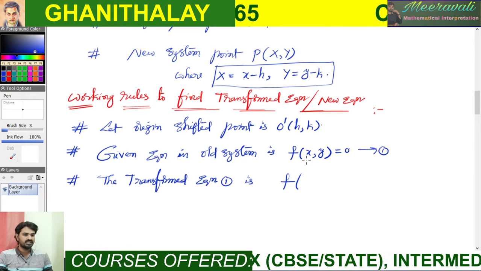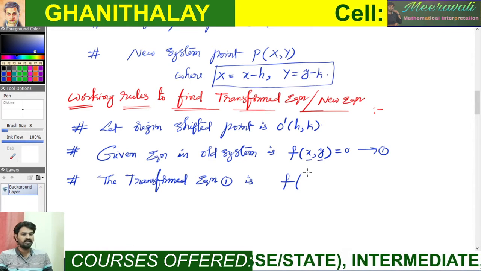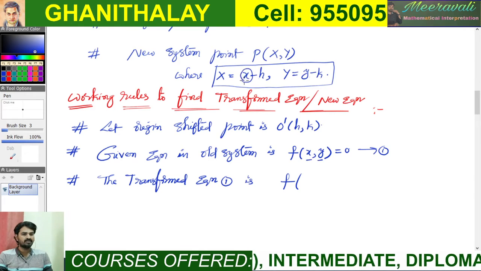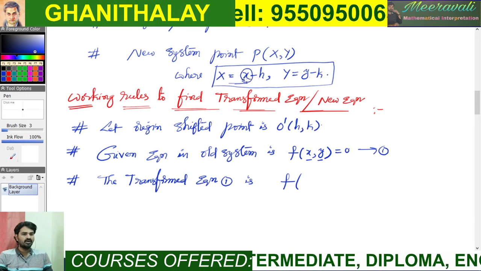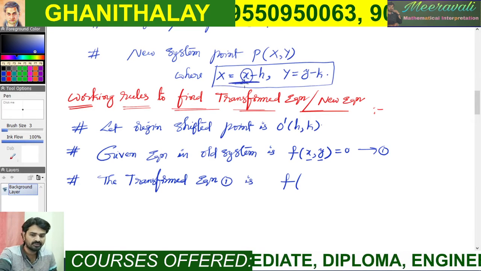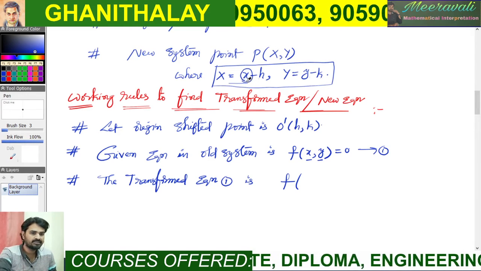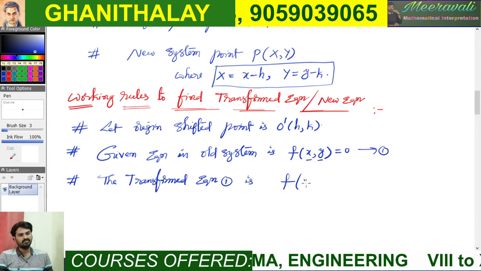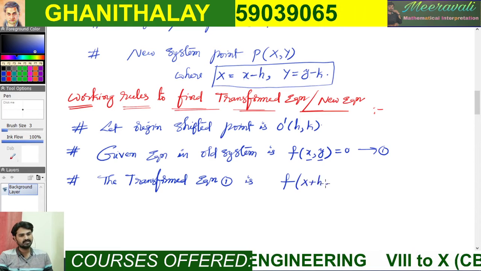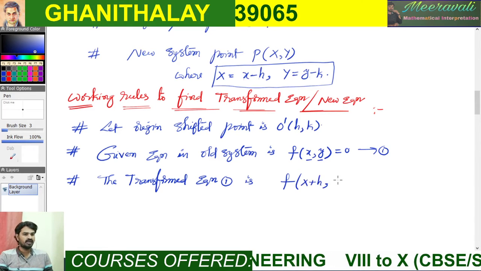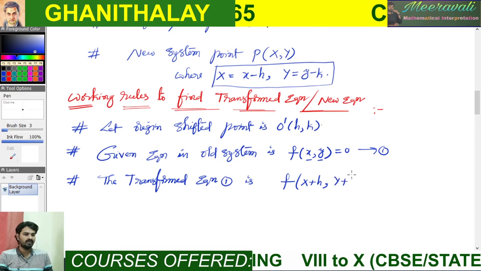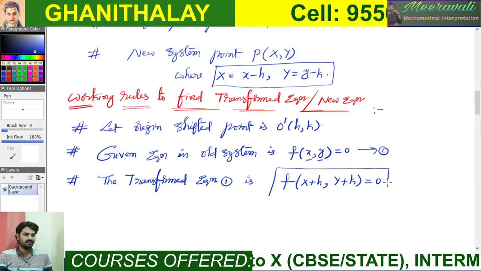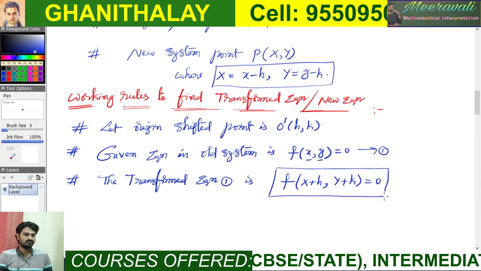If you want to change small x and small y in terms of capital X and capital Y, now you need to find the small x value from this equation. How much is the small x value from this equation? Capital X plus h. So here in place of small x you can put capital X plus h. Next, in place of small y you can write capital Y plus k is equal to 0. This is the equation in the new system.